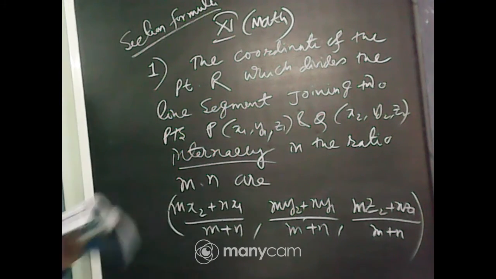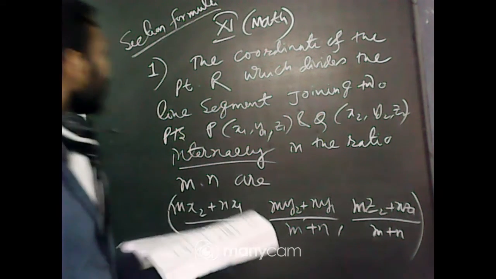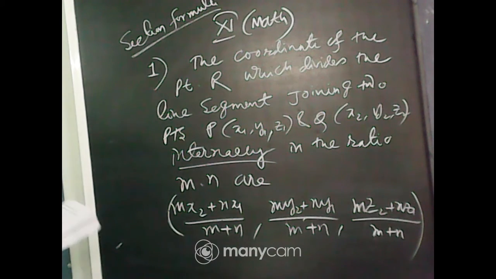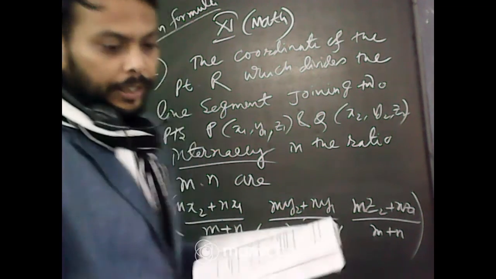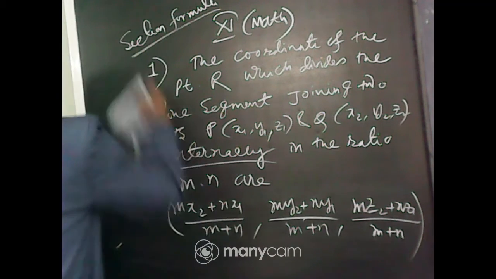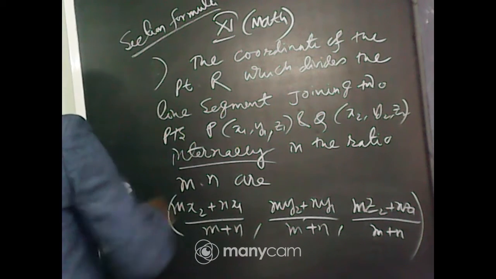Okay, now, if R divides the line segment joining two points P and Q externally, I am changing the formula to the next formula, that is externally.